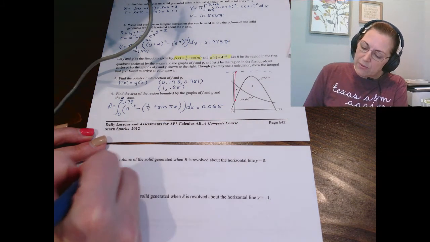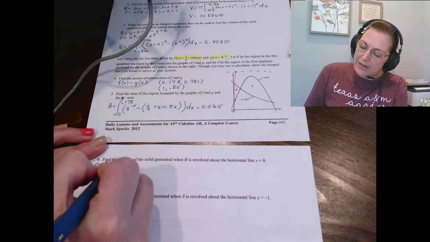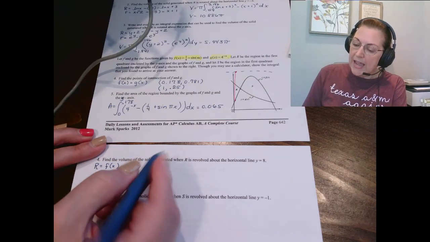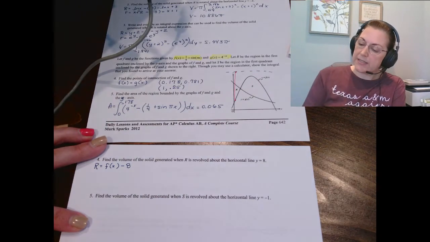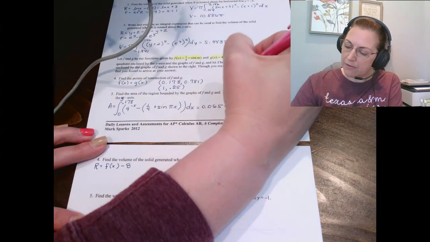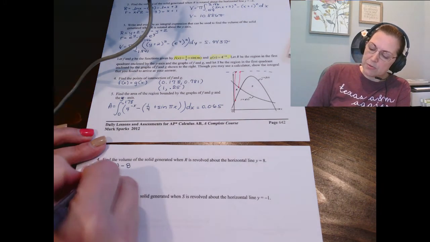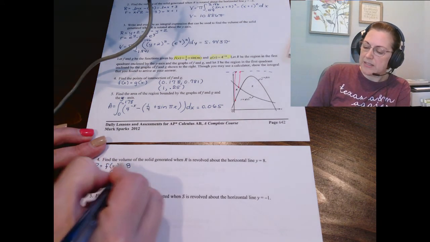So my big radius is f of x minus 8. And then my small radius is going to go from the axis we're rotating about to the closest curve. So that small radius would be g of x minus 8.